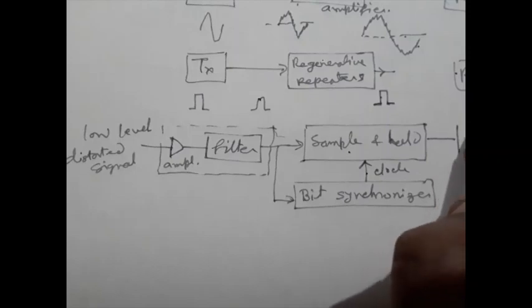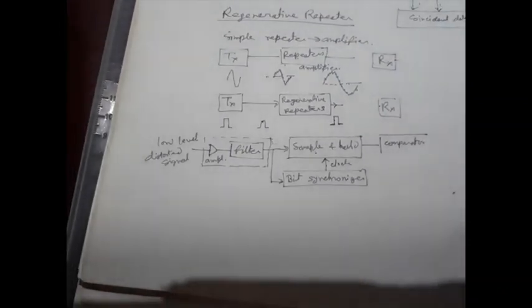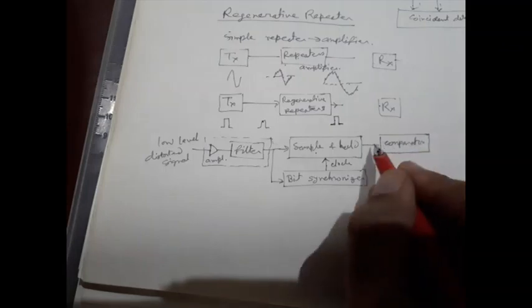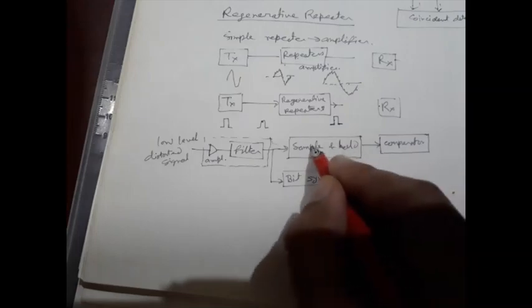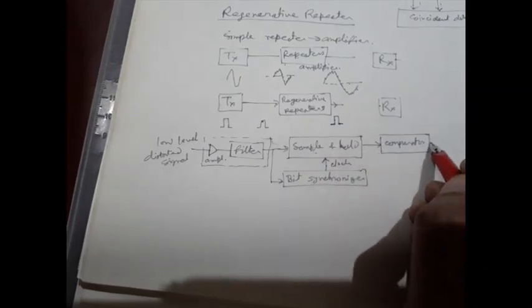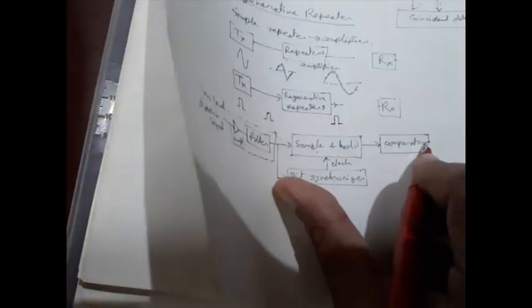Then we have a comparator. The comparator is the decision circuit. It will determine whether the incoming sample is above threshold or below threshold, and accordingly it will decide whether it is a logic 1 or logic 0.